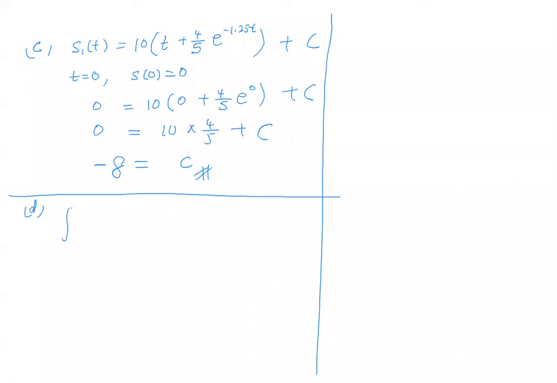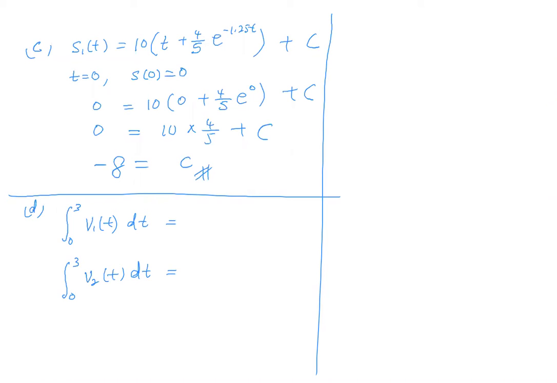Integrate from what to what? 0 to 3, V1T dt. I get this value, right? Then I also integrate 0 to 3, V2T dt. Then I get the answer.